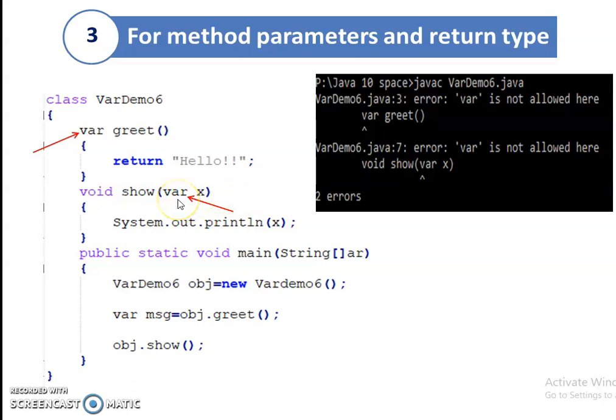In this line we have declared this parameter as var type, and this is not allowed. We cannot use var keyword with method parameters and return type. So in this code we have two errors. It will not compile and it will generate these two errors, right? So hope this code is clear.